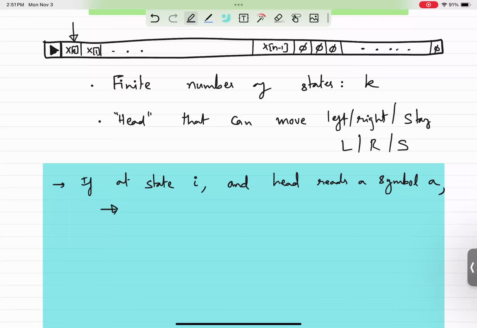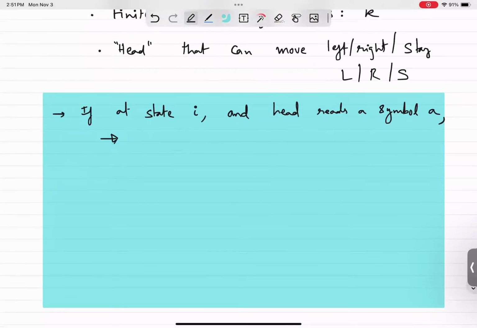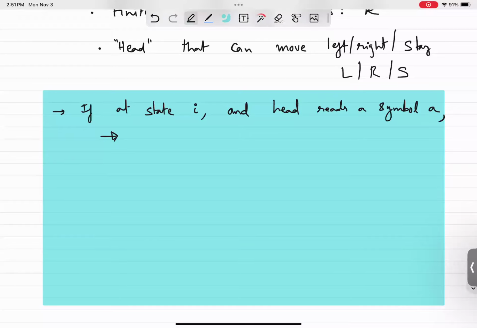Again, this is a convenience. You can get rid of it if you want to, but it makes things hairier. Change my state to some other state.